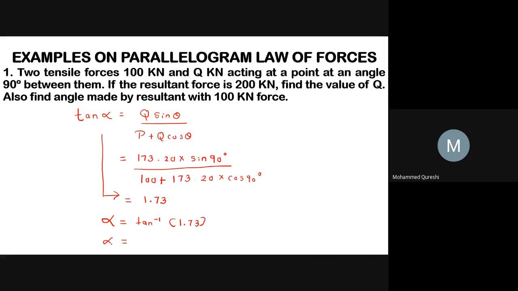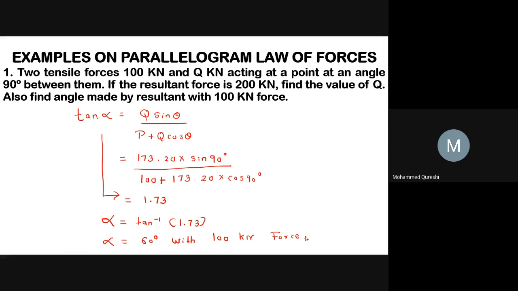Hence, alpha will be 60 degree with the 100 kilonewton force. So this way you may easily calculate the value of any force as well as the value of alpha, that is the angle made by the resultant with any of the forces.